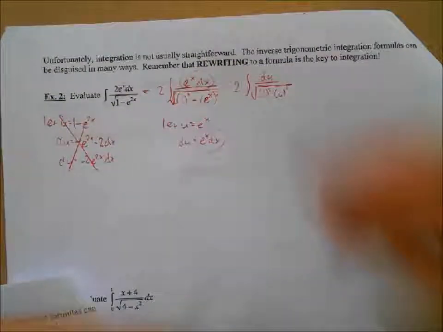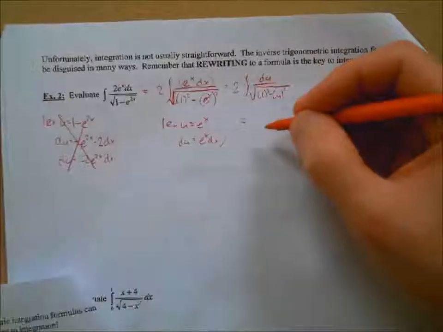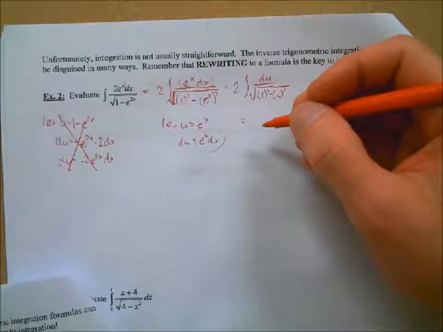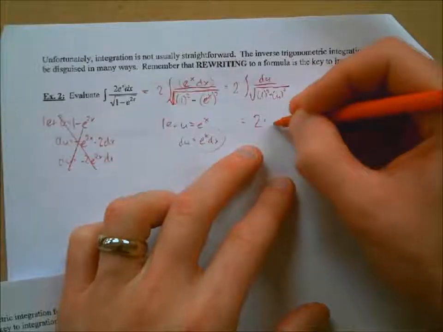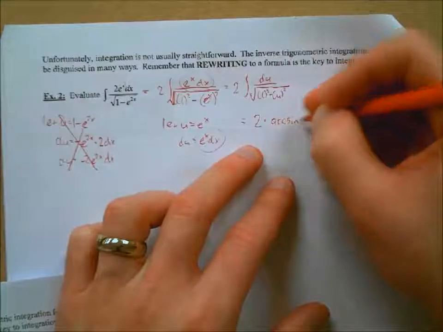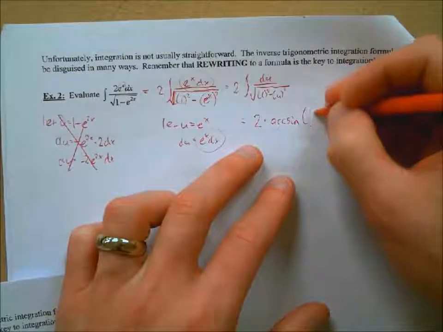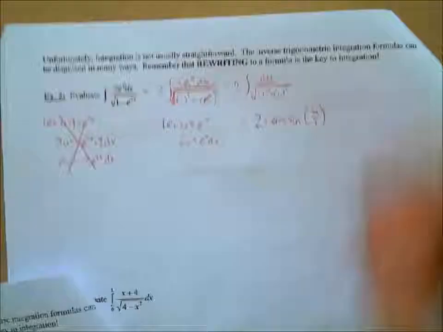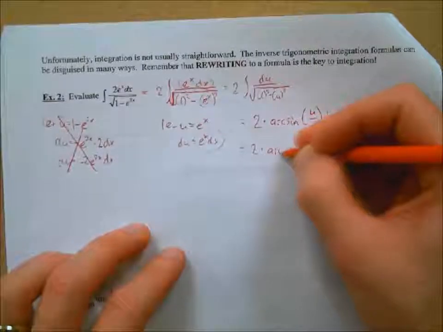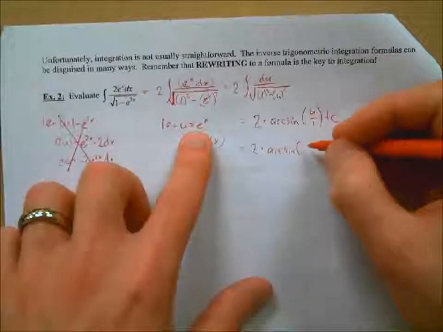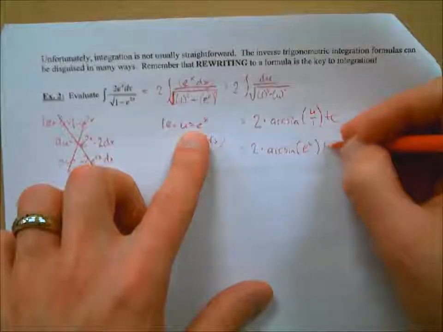And so this is in fact our arcsine. Remember, does arcsine have the 1 over a in front of it? No, it does not. Okay, so it's just going to be 2 times arcsine of u over 1, u over a, plus c, and so that's twice the arcsine, substitute back in here, of e to the x plus c.